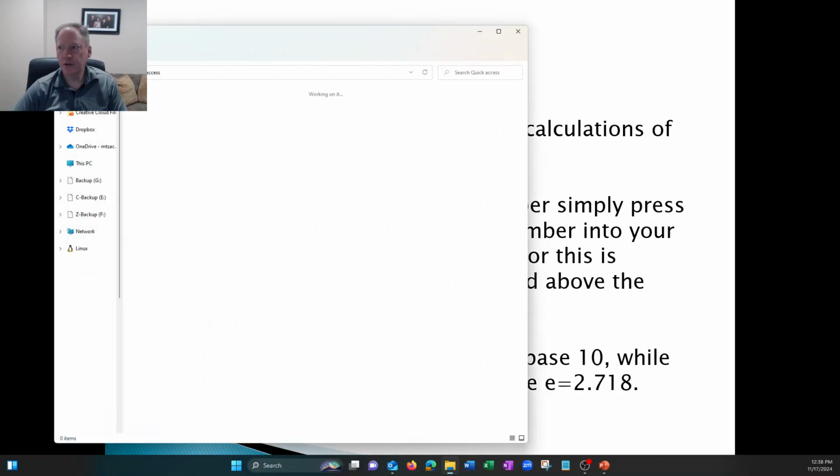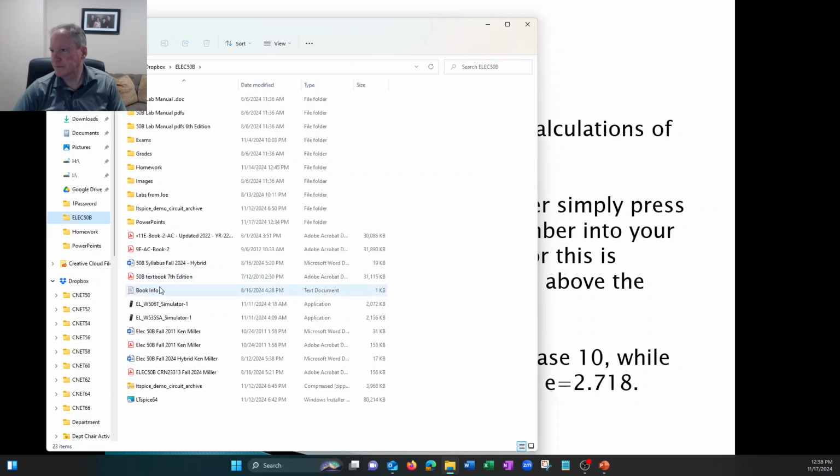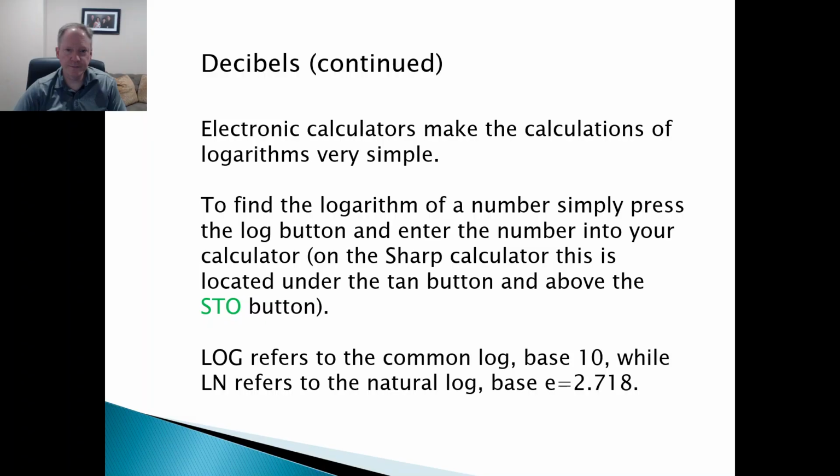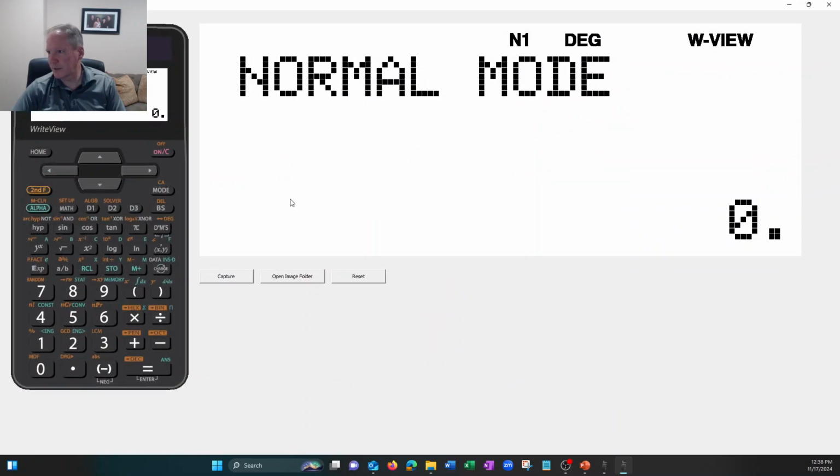Let me open something real quick. So I have my calculator here. All right, so on this, it's above the STO function. So it's this right here.